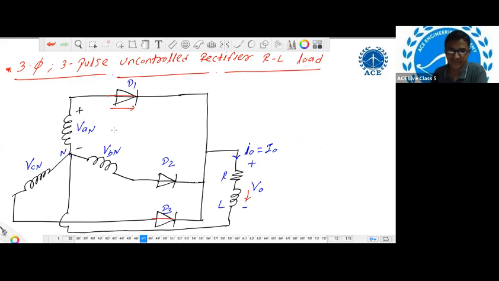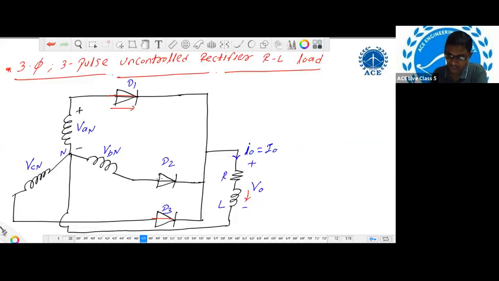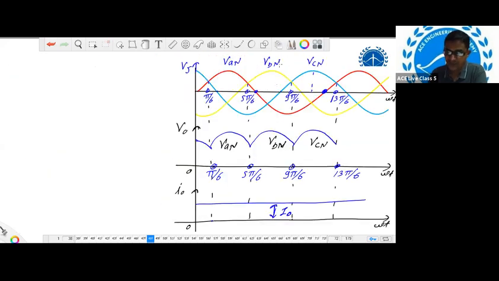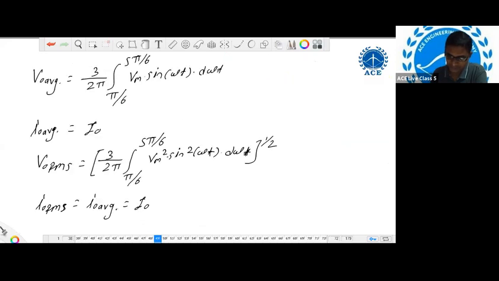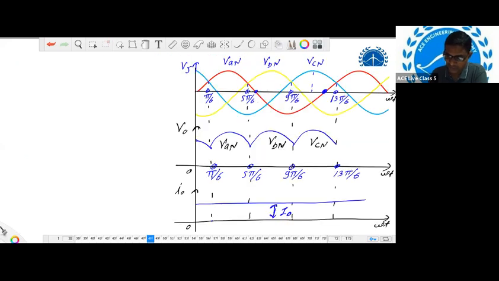From 5 pi by 6 to 9 pi by 6, diode D2 conducts because VBN is maximum compared to the remaining two voltages, so the output voltage is equal to VBN.